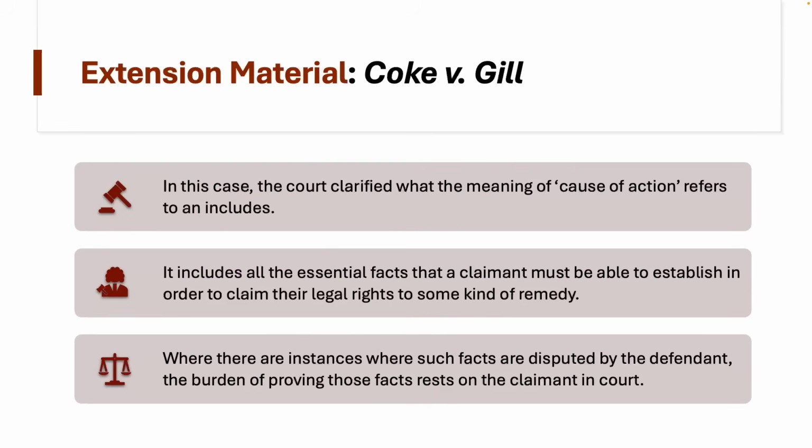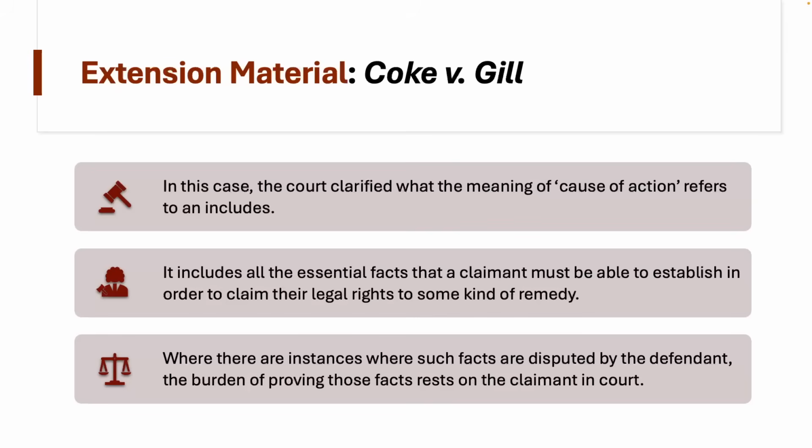Now, the meaning of a cause of action is clarified in a case, the case of Koch and Gill. This represents a bit of extension material. This is not necessarily required for the SQE specification, but essentially the case clarified what a cause of action includes.